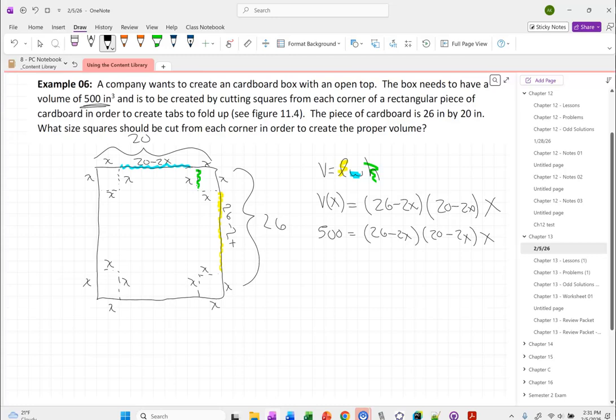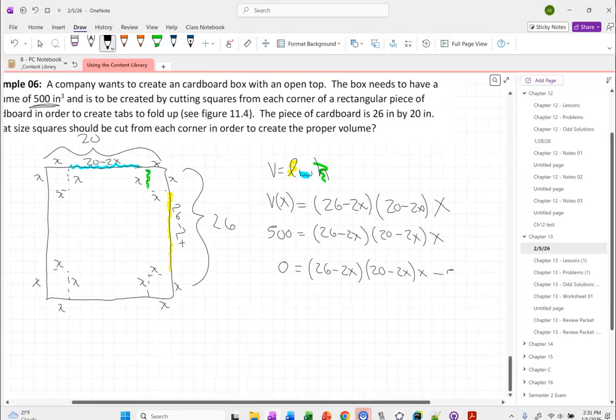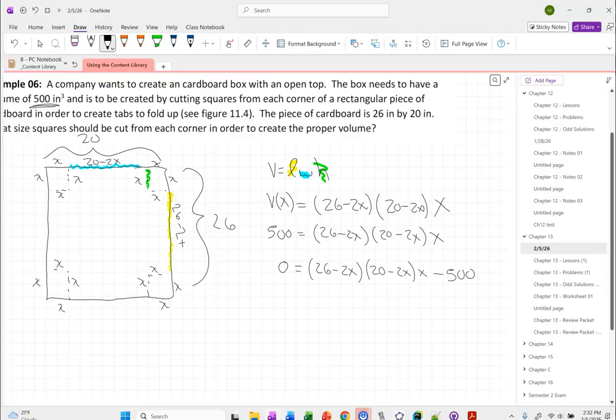So what I want to do is solve this equation. I'm just going to subtract that 500 over. And now it's calculator time. What am I looking for here? If it's set equal to 0, I'm looking for the zeros of this function.